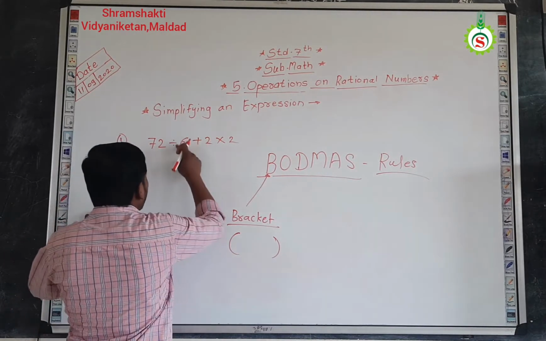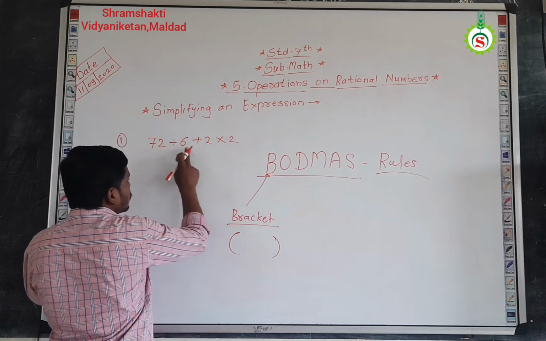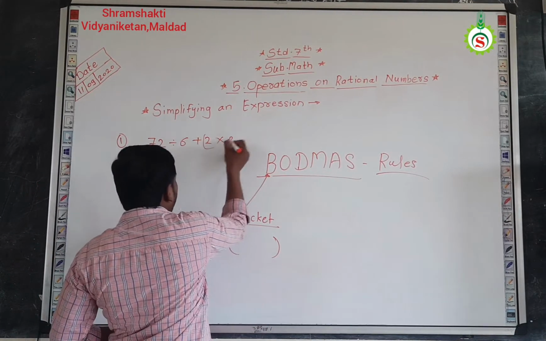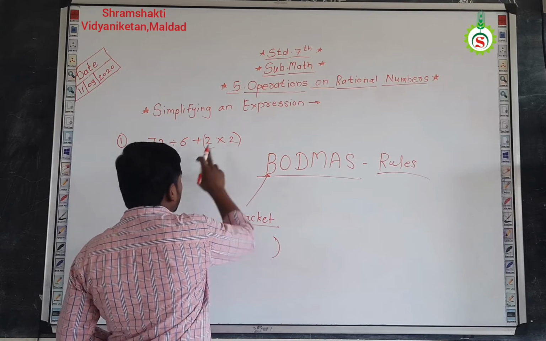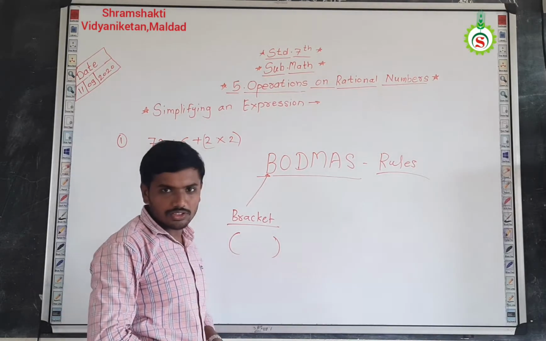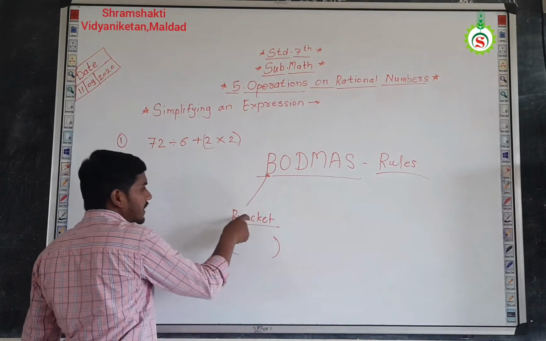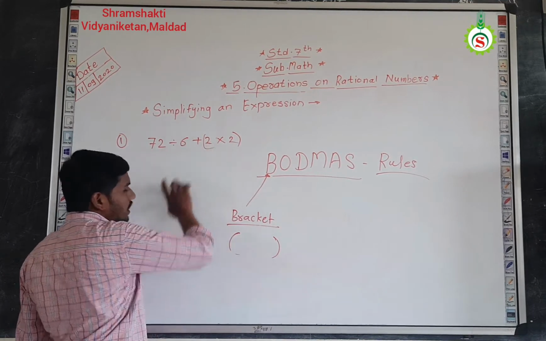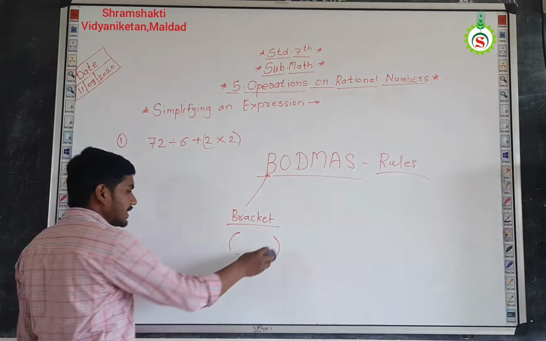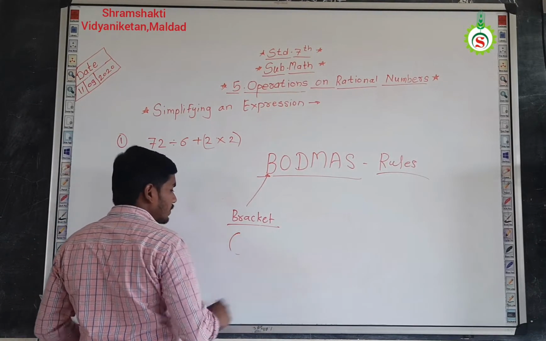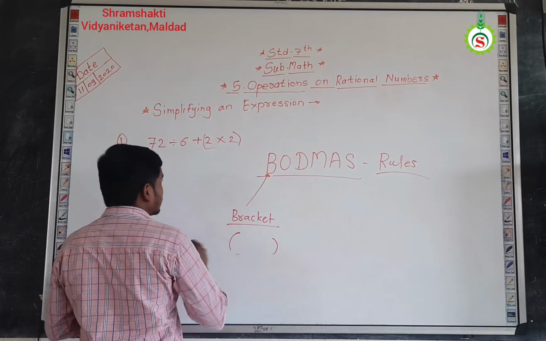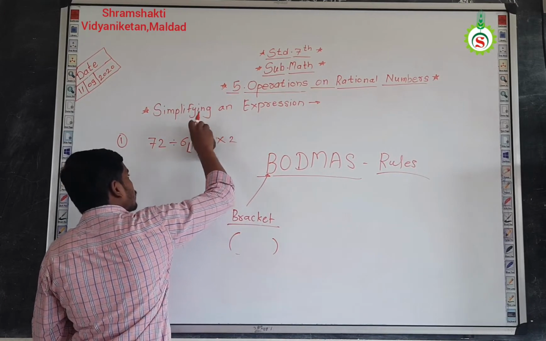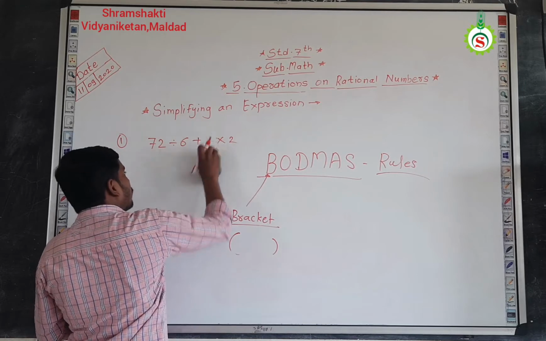If an addition is in a bracket, you solve that addition first. If a multiplication is in a bracket, you do that multiplication first. So B means bracket, and if there is a bracket in the expression, you solve the operations inside the bracket first. I think all of you understand the meaning of B.